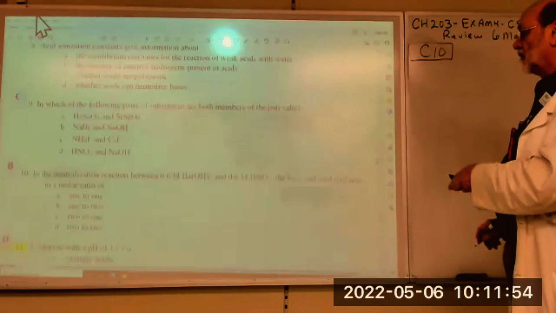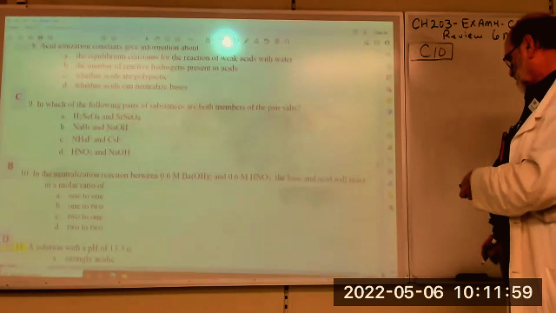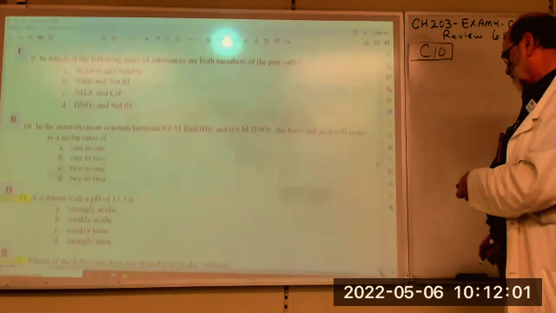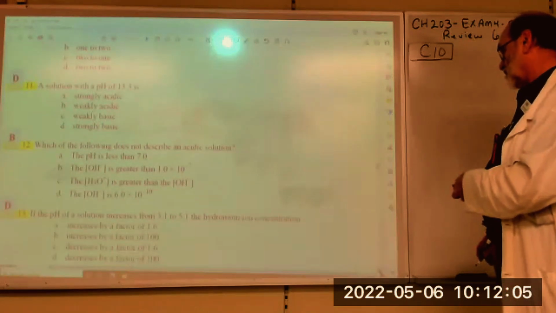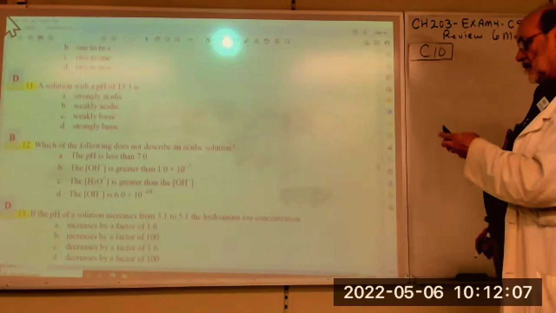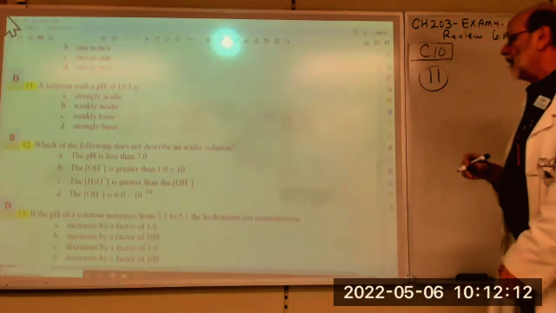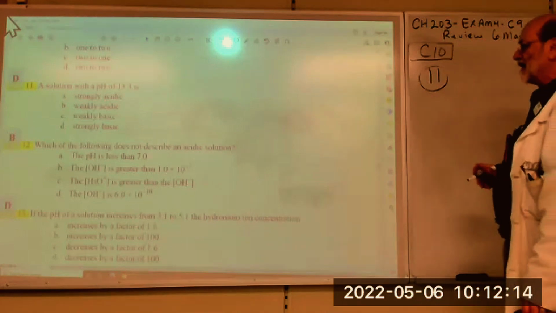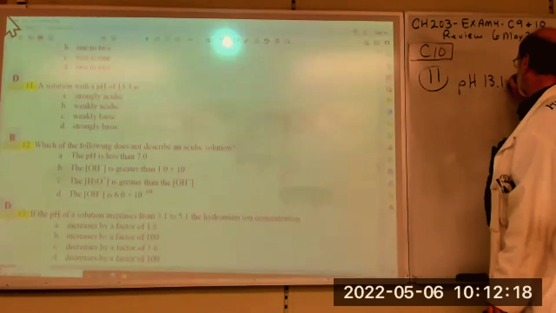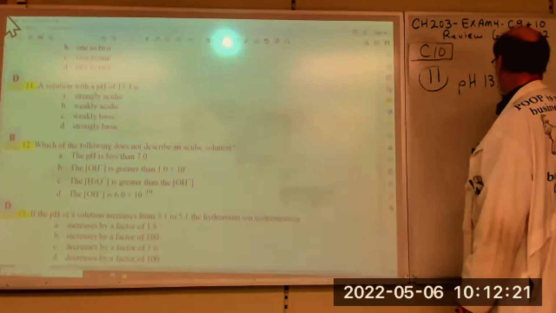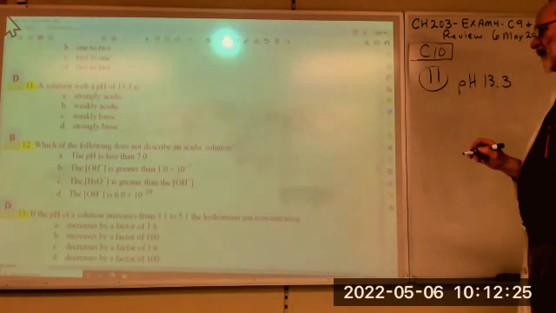All right. Note. A solution of pH 13.3 is acidic or basic?